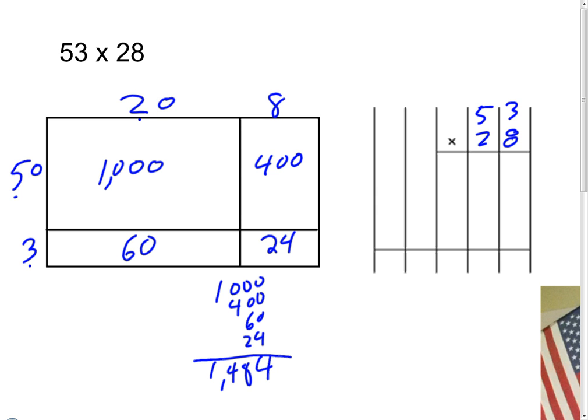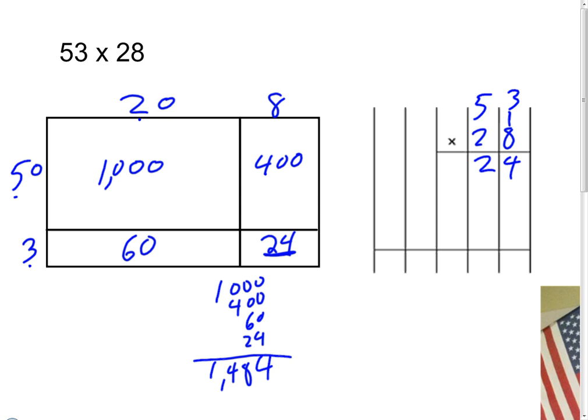So we're going to start off, and we're going to multiply 8 times 3. And I'll spread this out just a little bit. 53 times 28. All right, so we're going to do 8 times 3, which is what we did here, right? How much is 8 times 3, everybody? 24.